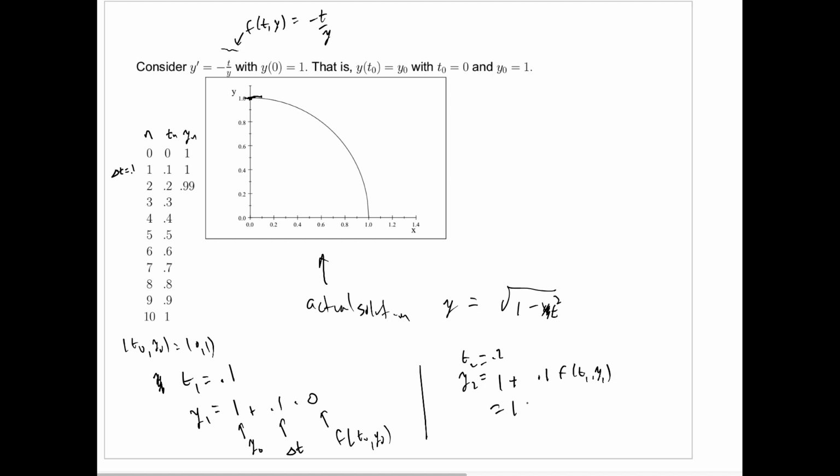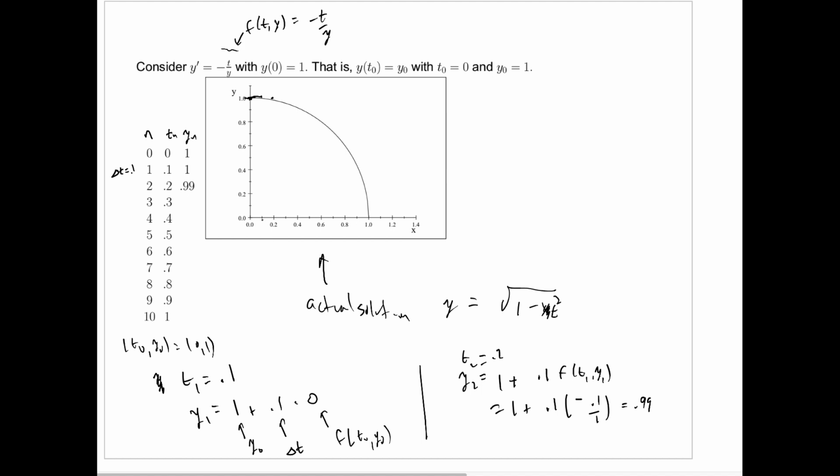This is going to be 1 plus 0.1 times f of t1, y1, which will be minus 0.1 over 1. That's 1 minus 0.1 times 0.1, which is 1/100th. You end up with 0.99. So when we move out to 0.2, we're down just a little bit, 1/100th. Hard for me to draw that perfectly.